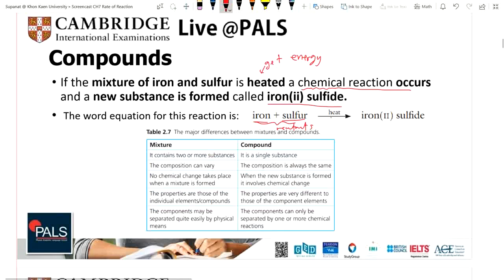And under heat, the reaction turns into the product, which is called iron 2 sulfide. So here it's chemically changed.